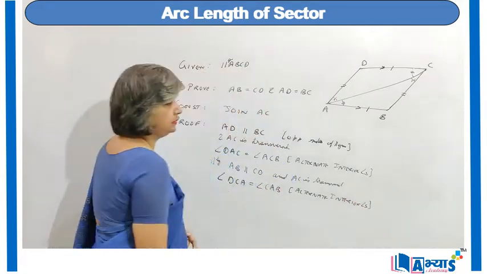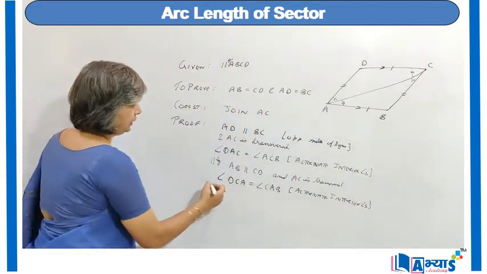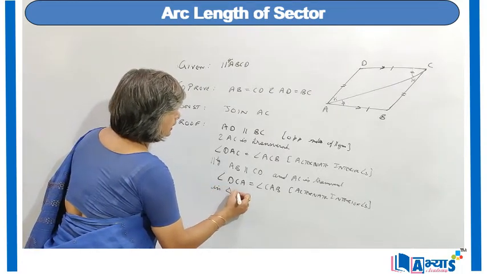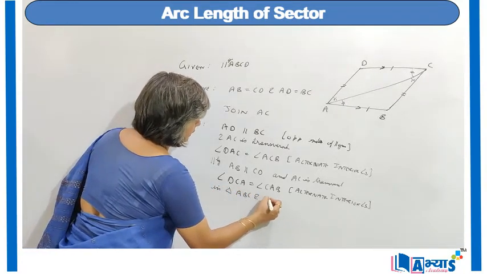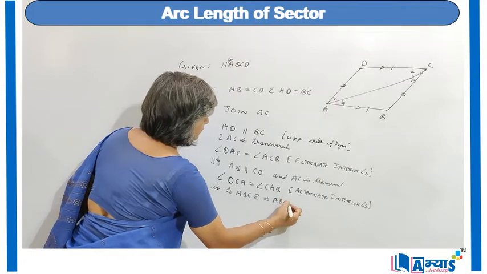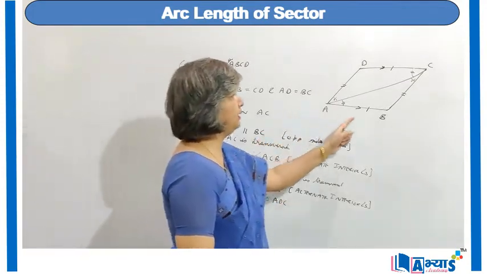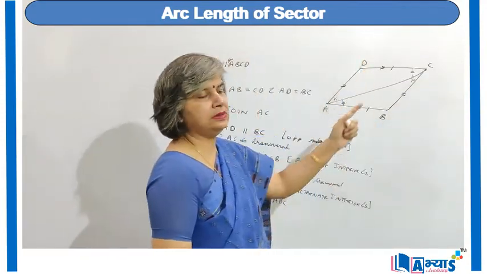Now in triangle ABC and triangle ADC, we are taking the two triangles ABC and ADC.